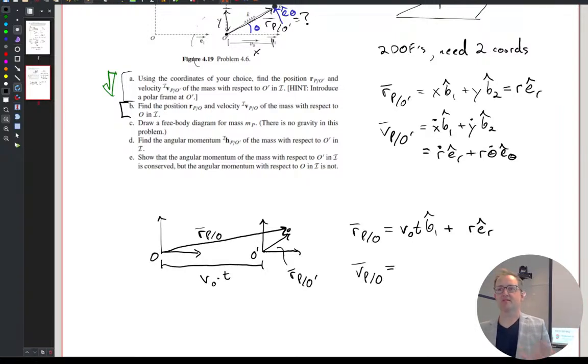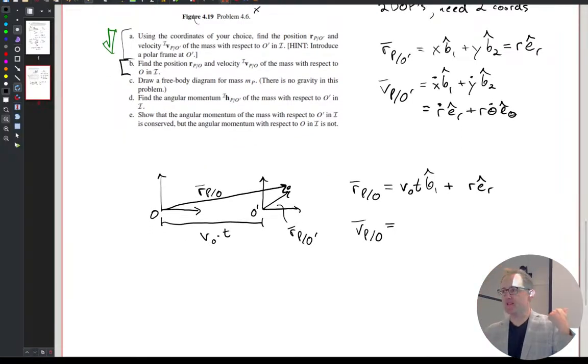It's our coordinate system, so we can use it however we want. You can try it either way, but I'm going to leave it and see how it goes.